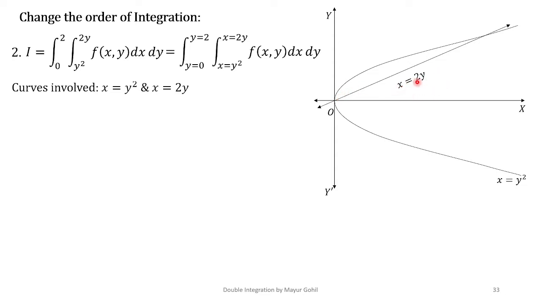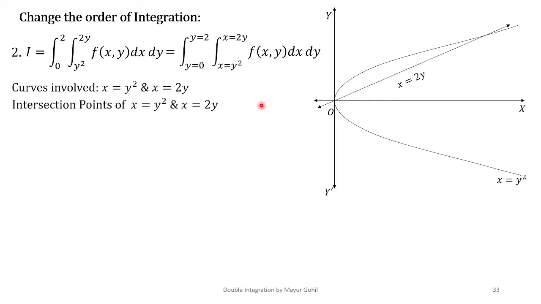Okay, when I draw this line, I'll be able to get the equation over here as x equals 2y. Now obviously you can see that y equals 0 is the line, so that means it is the x-axis, and y equals 2 is also a line. We will deal with it soon. Let us see now further.